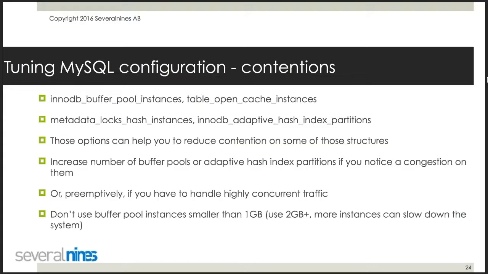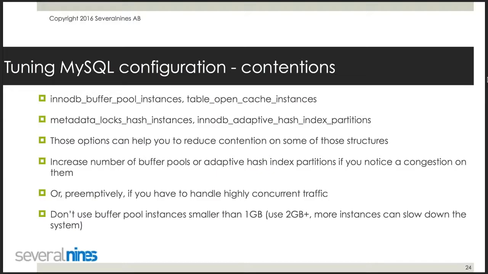Again, contentions. So buffer pool instances, table open cache instances, metadata hash, log hash instances, InnoDB adaptive hash index partitions. These are options which can help you to reduce contentions on those structures. So let's say if you have a single buffer pool, and then you're running a highly concurrent environment, this can become a point of serialization of the access.